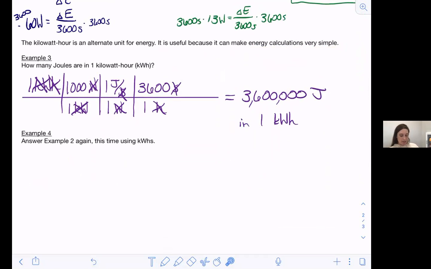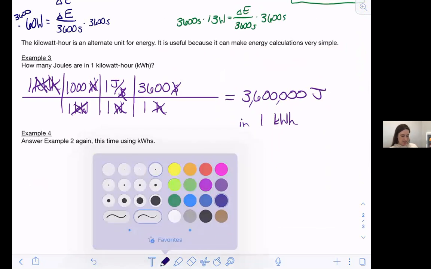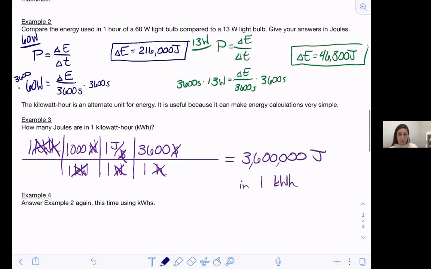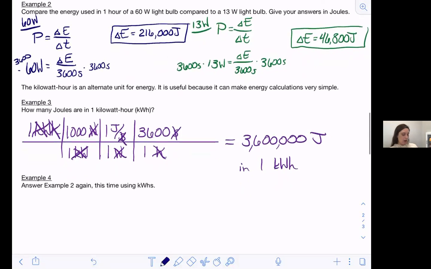So if you notice, with kilowatt hours, what we can do is find our power rating in kilowatts and just multiply that by how many hours we're going to use it. So let's do example 2 again, this time giving our answer in kilowatt hours instead of in joules.